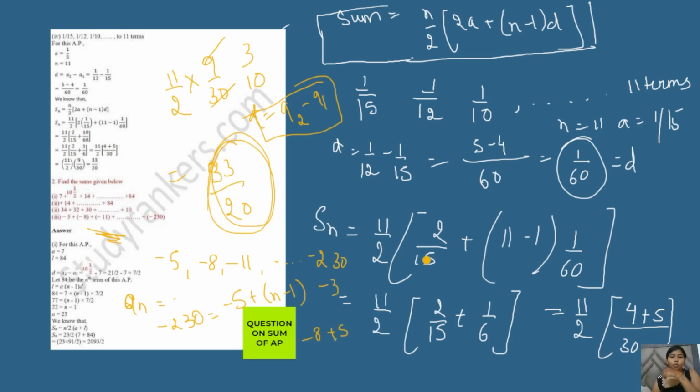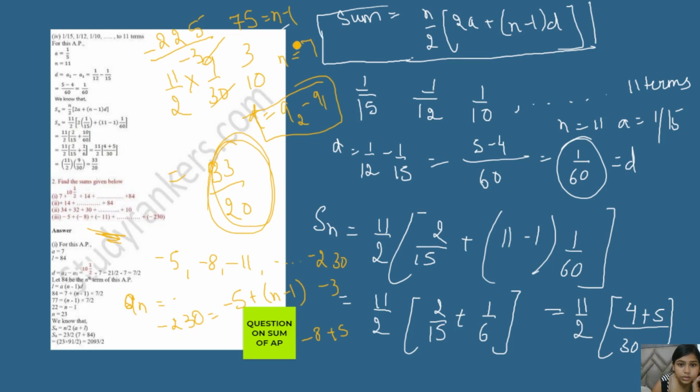Right, now what you will do is just solve it out. You will be getting minus 230 plus 5, minus 225, divided by minus 3, right? So you will be getting 3 7s are 21, and 3 5s are 15, equals n minus 1, and n equals 76. Right, you will be getting n equals 76 in this particular question.